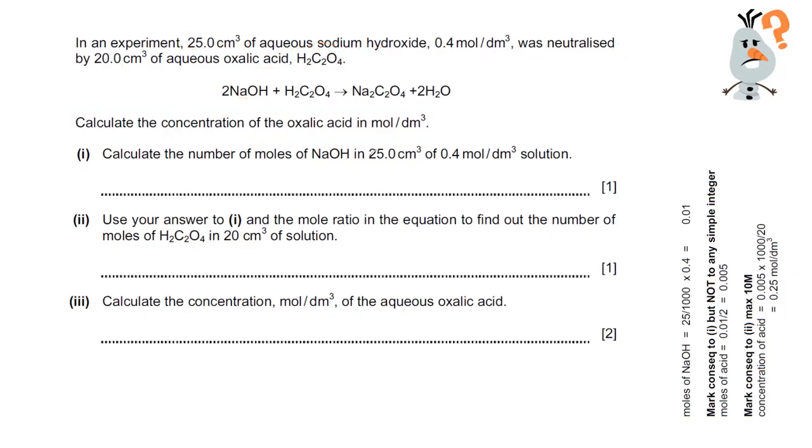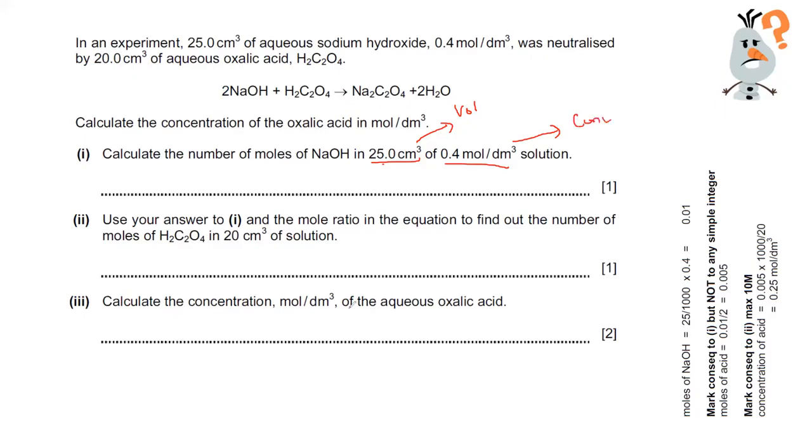So what do we have for sodium hydroxide? 25 cm cube. What is this? That is the volume, and 0.4 mole per dm cube is the concentration.